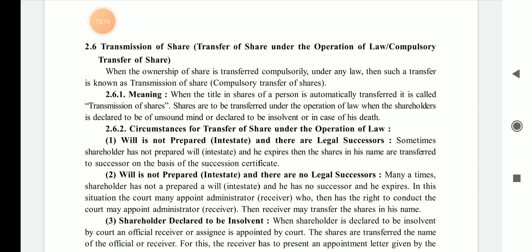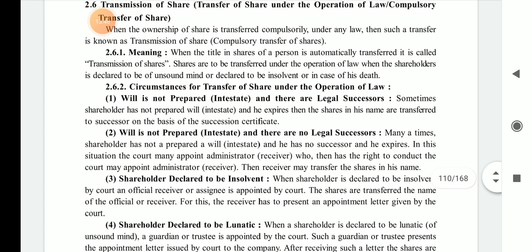See, when ownership of the share is transferred compulsorily according to the law and according to the rules and regulations of the Companies Act, at that time such transfer is known as the transmission of share, and it should be followed strictly during the complete procedure.